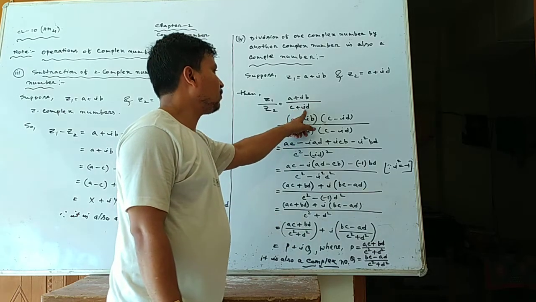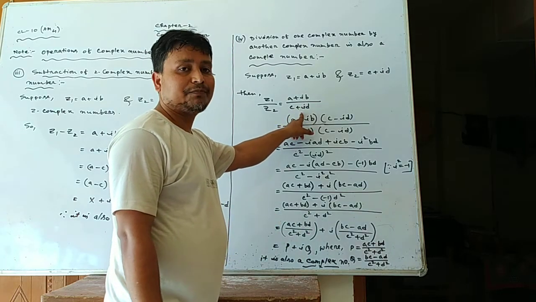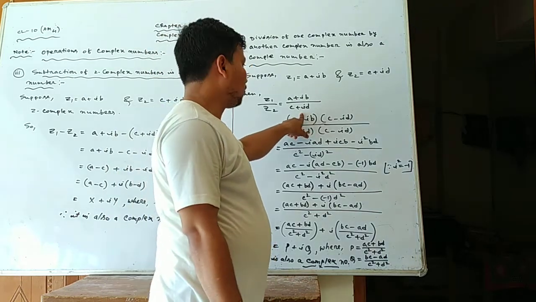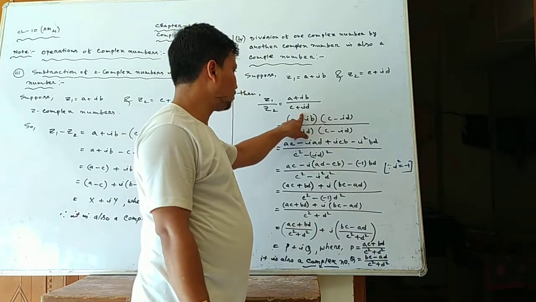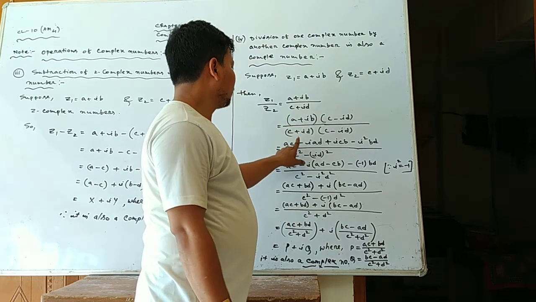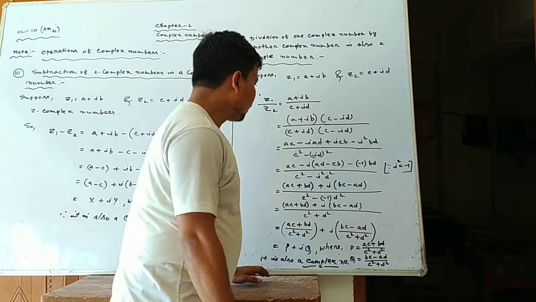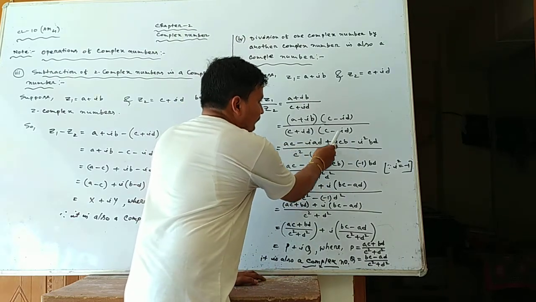First of all, we have to apply the method of rationalizing the denominator. You already learned in class 9 that process, and you have to apply it. So to C plus ID, we multiply C minus ID, because we have to remove the I terms.